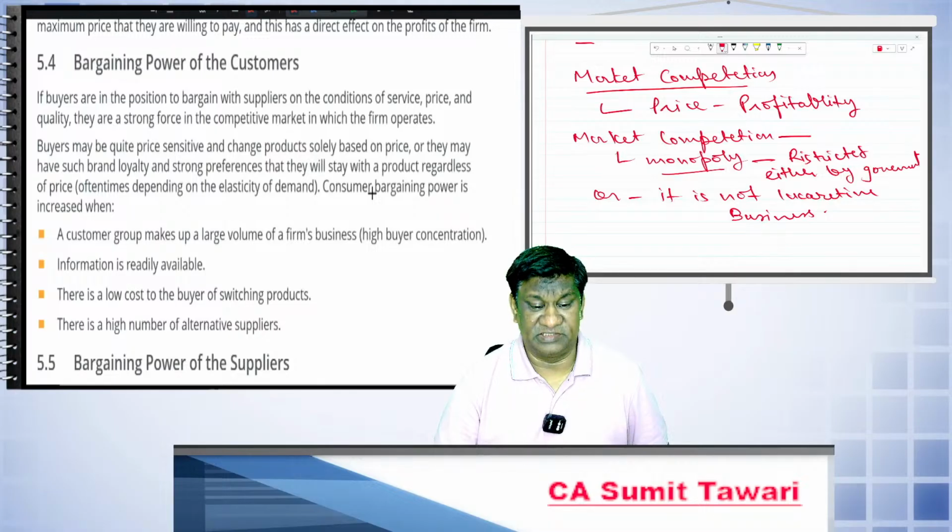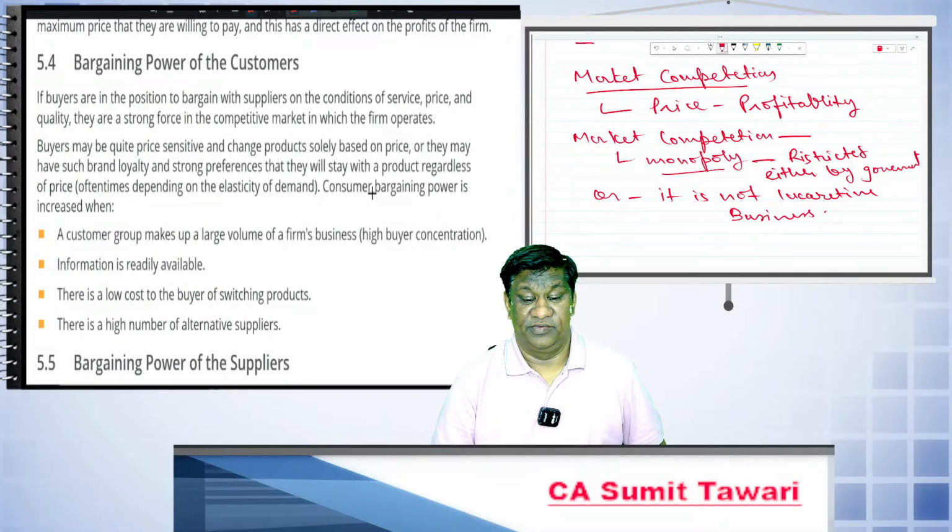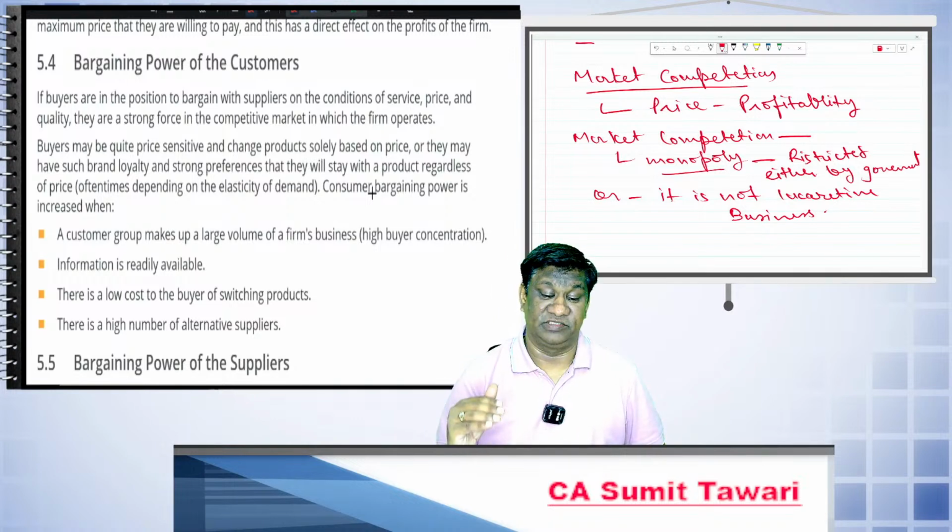So if the customer has the bargaining power, it indicates you cannot dictate the prices. If you enter a market where you are a price taker, you need to always evaluate the kind of customer base you can get.